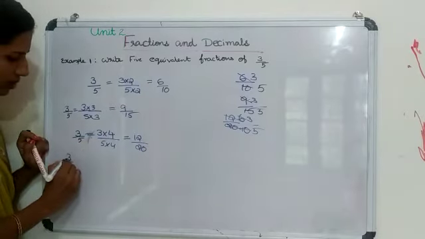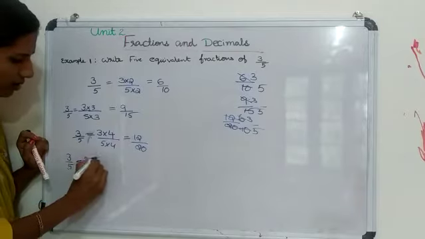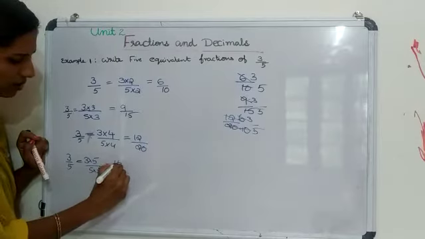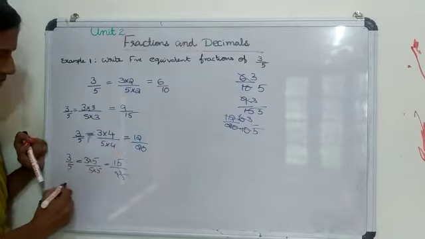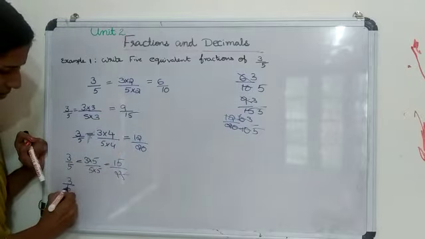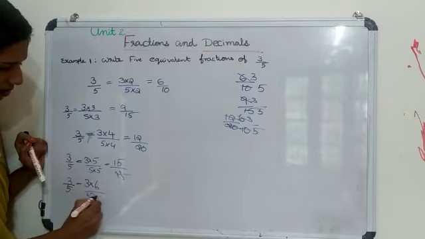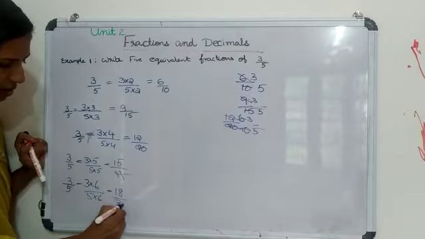Next one, 3 by 5 is equal to 3 into 5 divided by 5 into 5, that is 15 by 25. Again one more, 3 by 5 is equal to 3 into 6 divided by 5 into 6, that is 18 by 30.